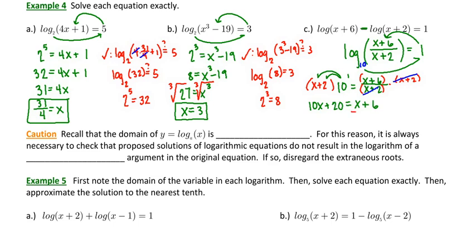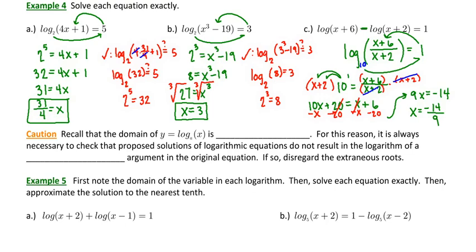So let's subtract x from both sides to collect x's on the left. Let's subtract 20 from both sides to collect constants on the right. And we end up with 9x equals negative 14. Divide both sides by 9 to get our proposed solution, negative 14 over 9.